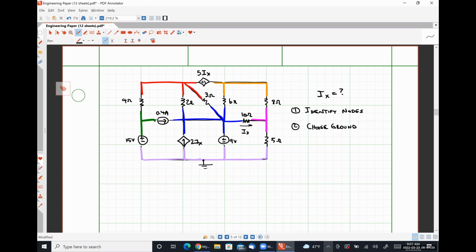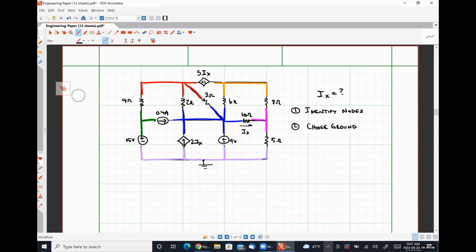This bottom purple node has 4 elements connected to it. Now, the blue node in the center has 1, 2, 3, 4, 5, 6, 7 elements connected to it. So that would seem like the more obvious choice, okay? When I have voltage sources in my circuit, I choose my reference node based on which one touches the most voltage sources.